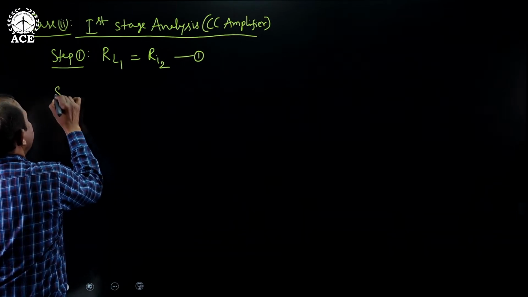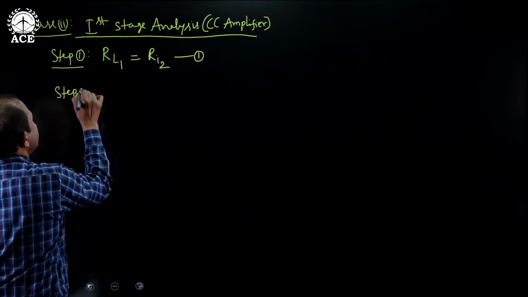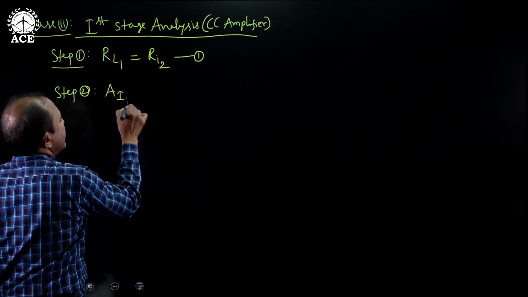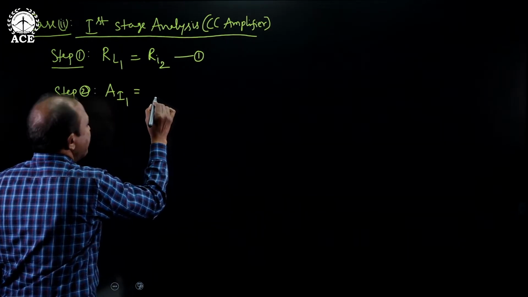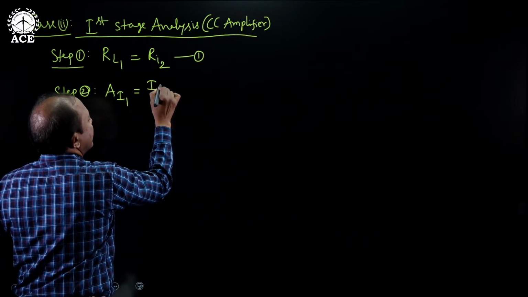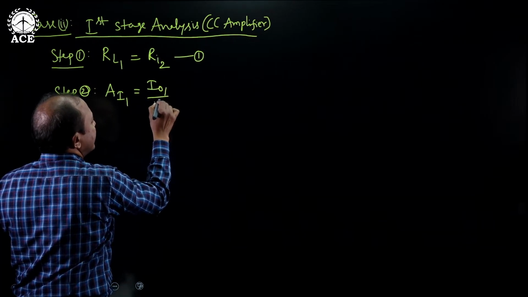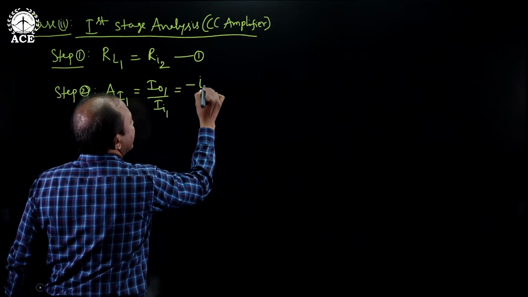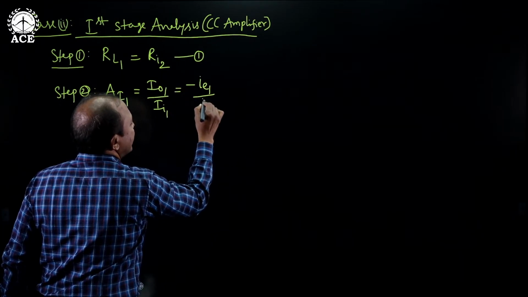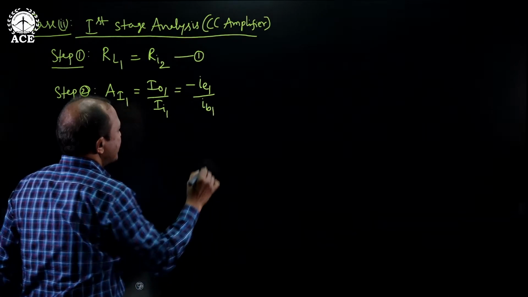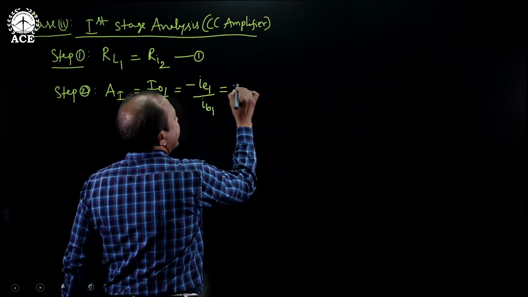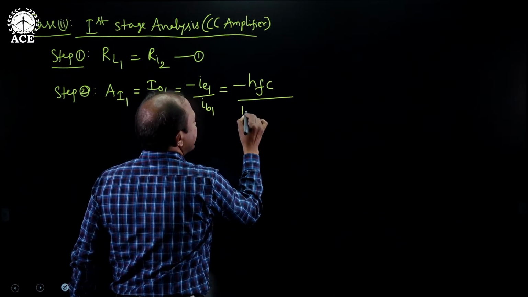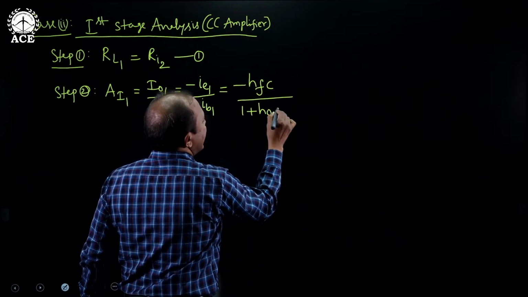Then current gain in first stage is AI1 equal to IO1 by II1, means minus IE1 by IB1, which gives us minus HFC by 1 plus HOC RL1.